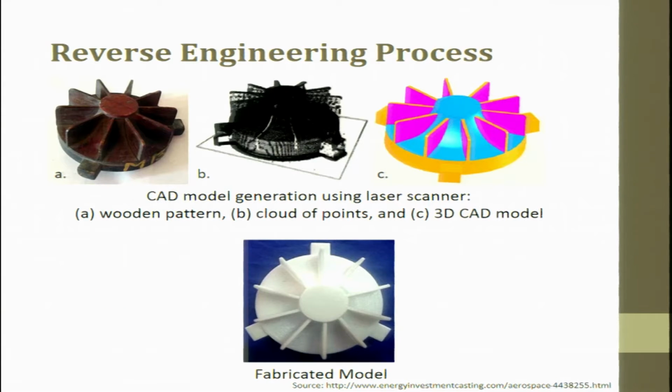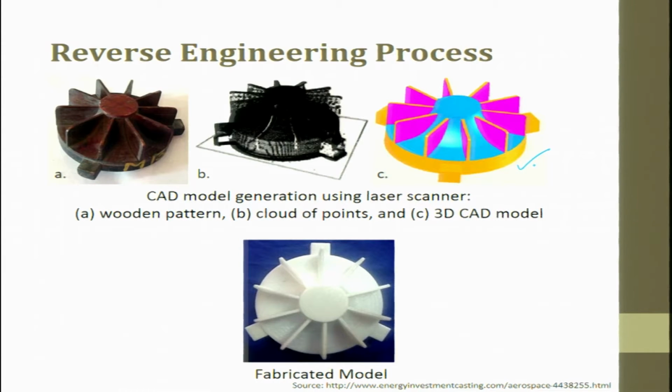If you look at it, these are the processes which are involved. A is a wooden pattern which is made, and when we do scanning, it can be contact or non-contact, and you get a point cloud of data. Then you see that there is a lot of error in the point cloud data. These errors are removed and what you get is a 3D data.